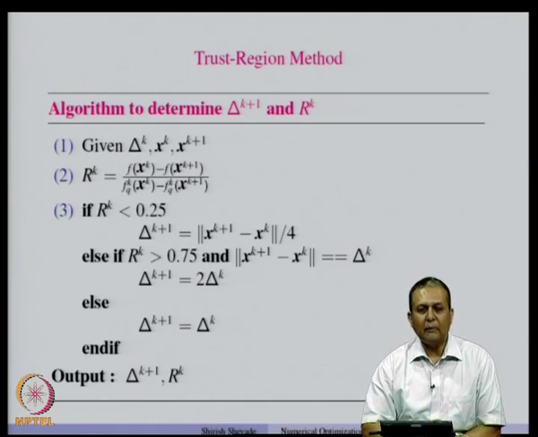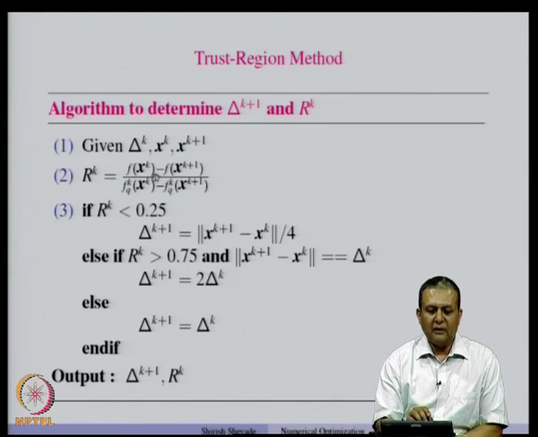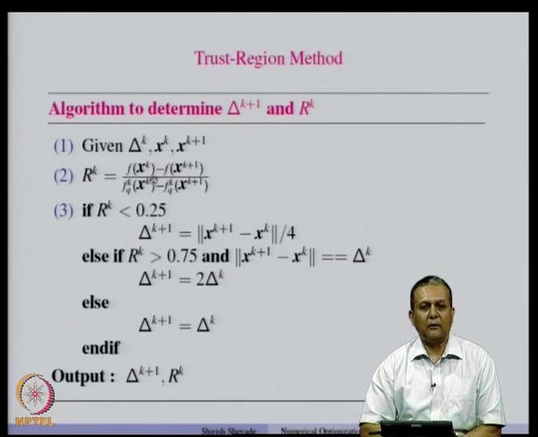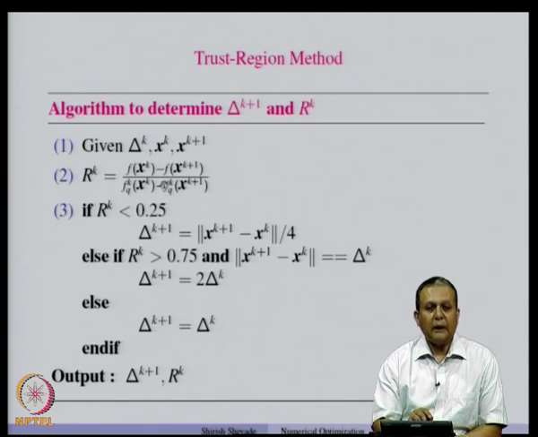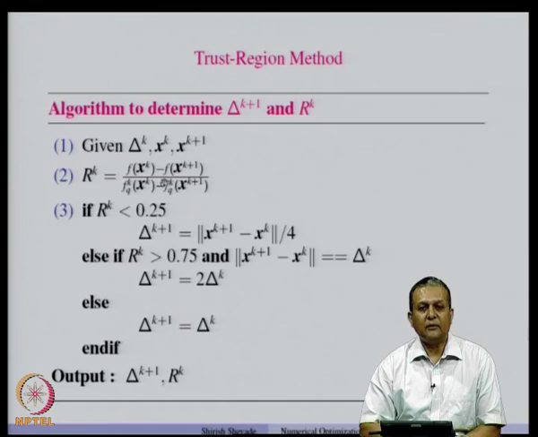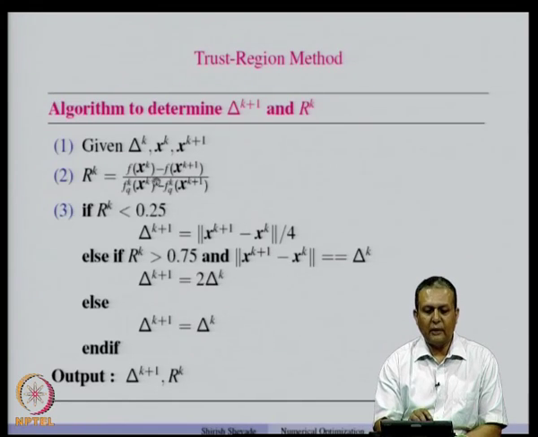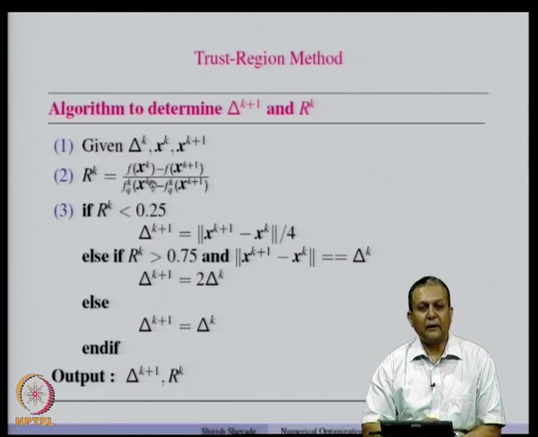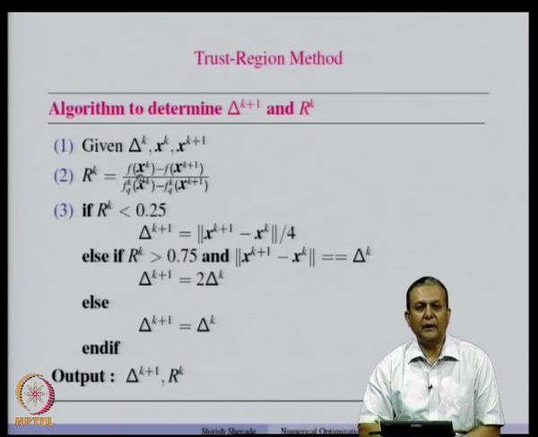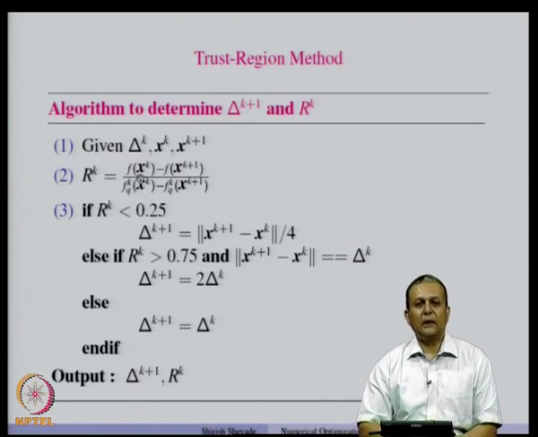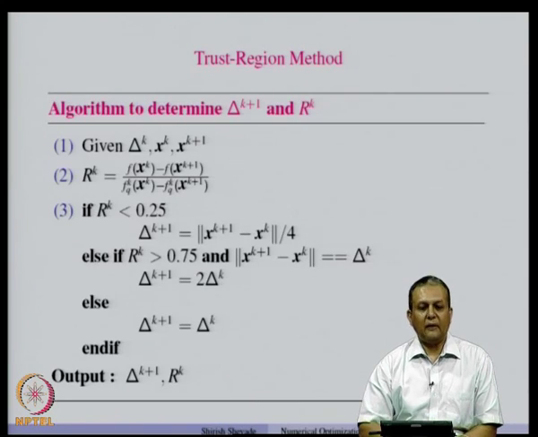Now, if the quadratic approximation is good, then this ratio is close to 1. And if the quadratic approximation at a current point x k is bad, this ratio will be close to 0. And there could be situations where there could be an increase in the function value at x k plus 1. So, that means that this ratio could be negative. So, there are different possibilities for r k.